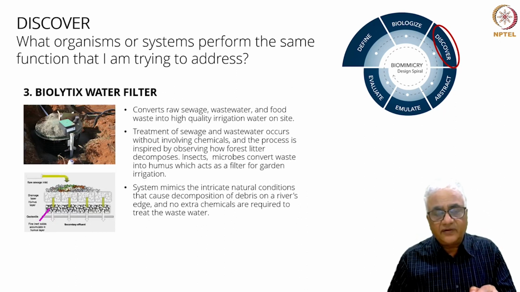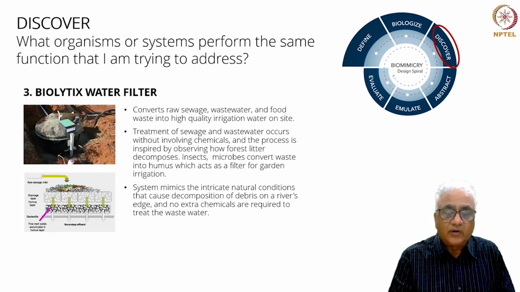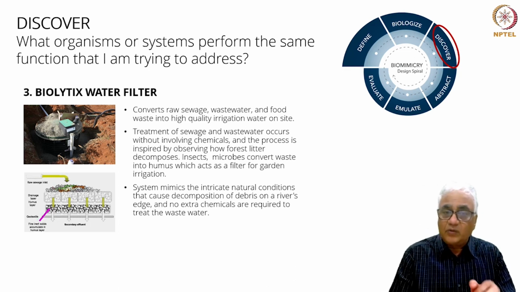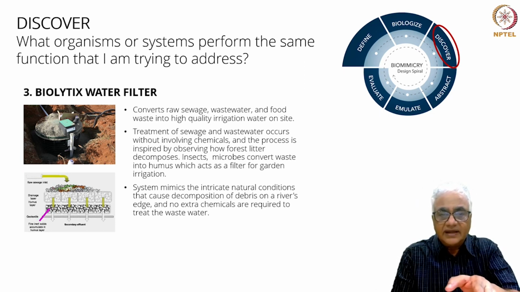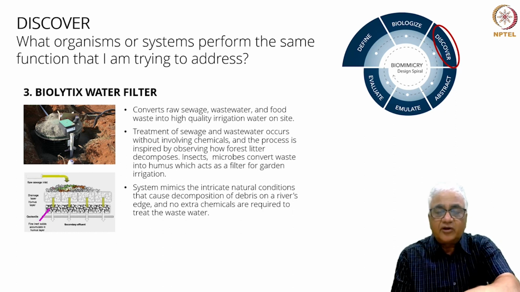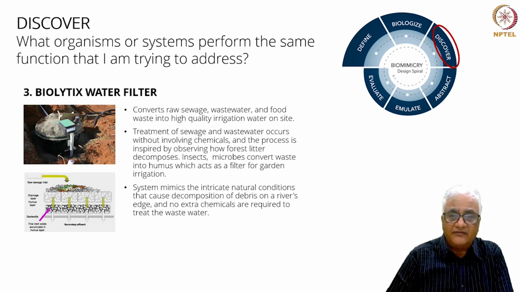So here she's actually talked about something called a biolytics water filter. If you look at the second paragraph, you will understand why she's talking about it. She's saying treatment of sewage, how forest litter decomposes, insects, microbes convert waste into humus, which acts as a filter.